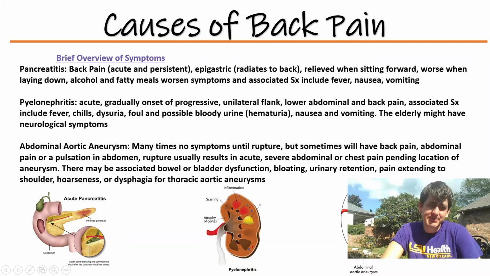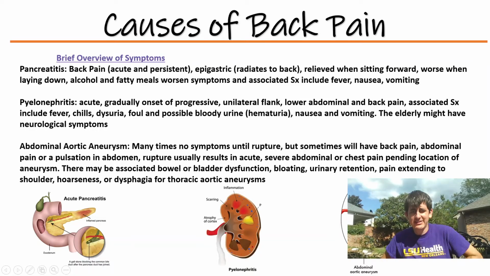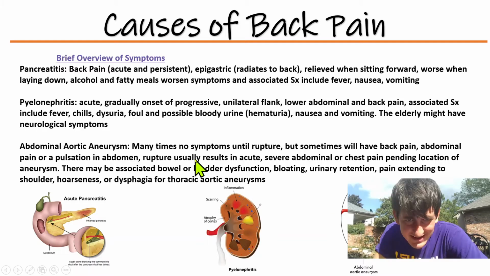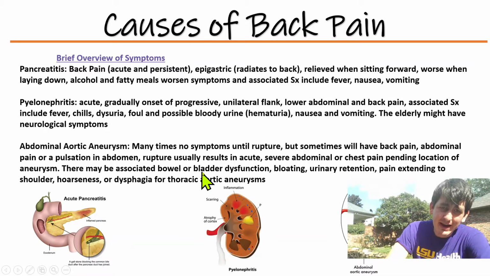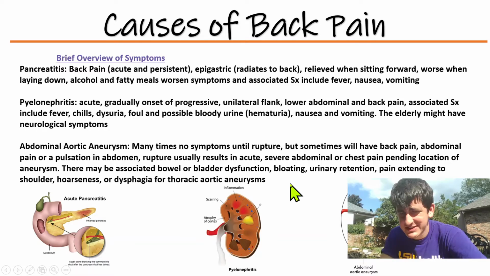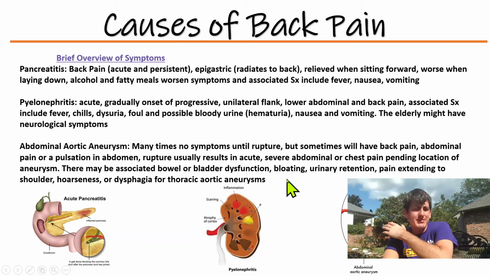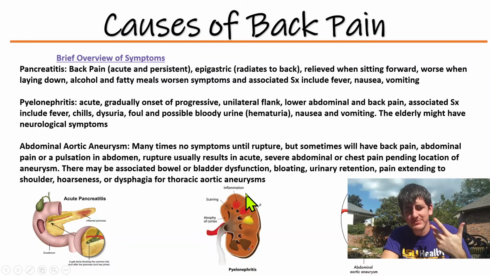They might have some abdominal pain or a pulsation in their abdomen that a physician can feel, or the patient. Rupture usually results in severe abdominal or chest pain. And there may be bowel or bladder dysfunction as well if this aneurysm is pushing in that area. Bloating, urinary retention, pain that might go to the shoulder, or voice issues or swallowing issues if the aneurysm is up there.